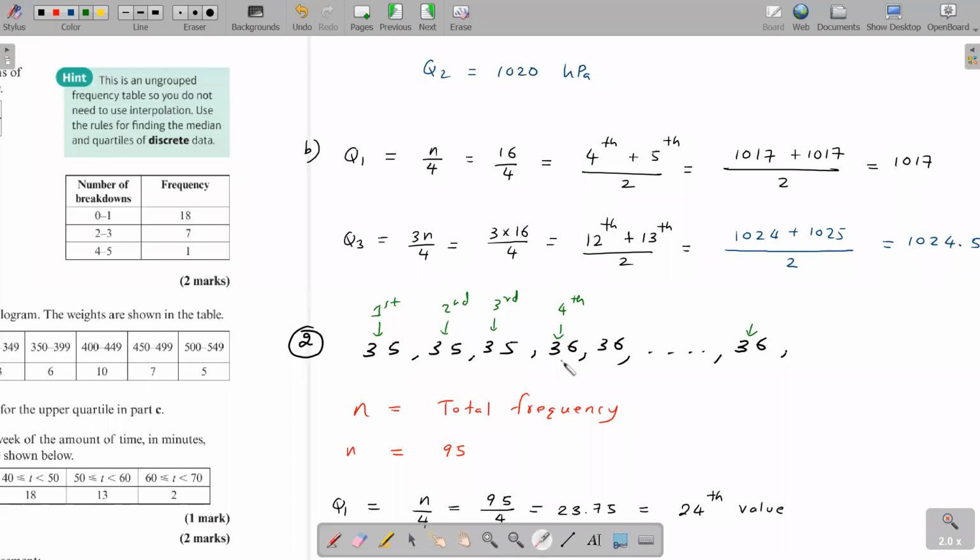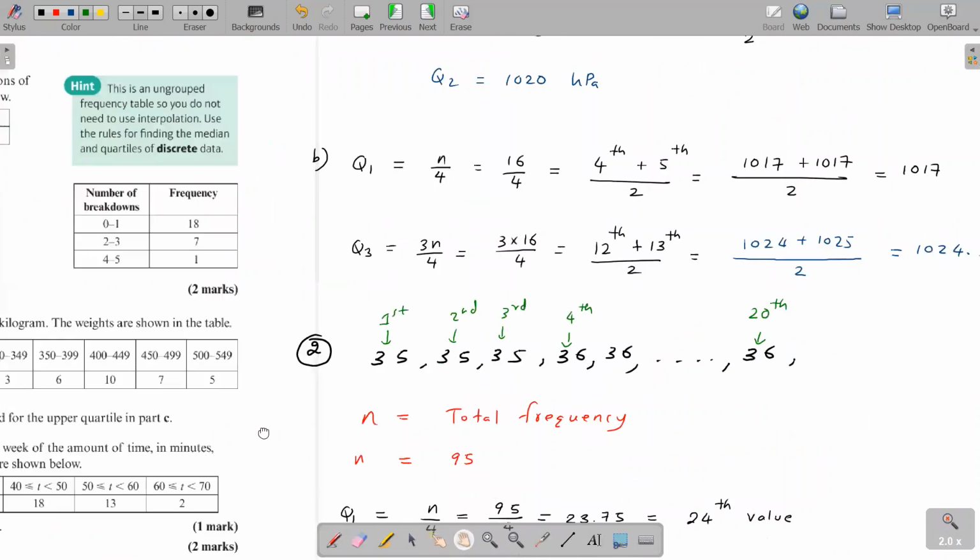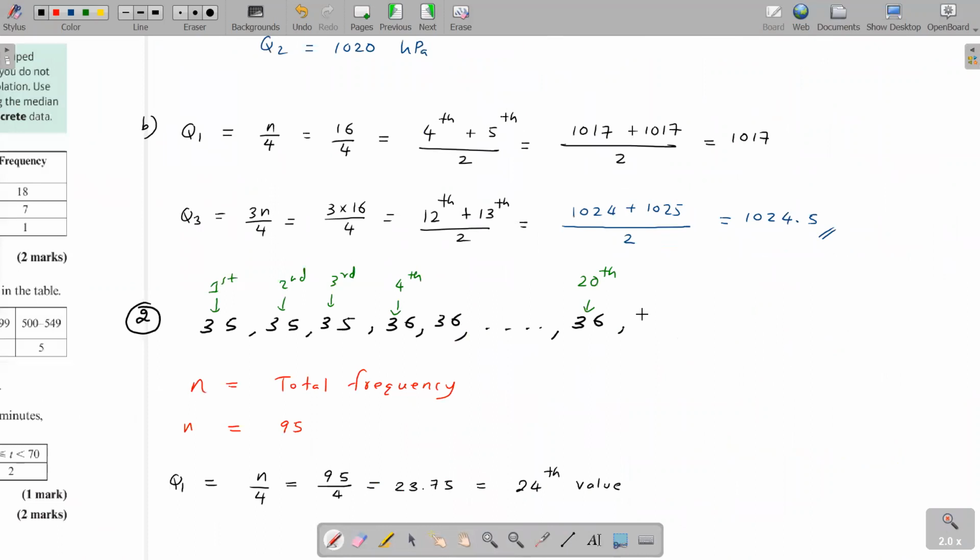Since 36 is repeated 17 times, you have 17 of 36s here and 3 more before. So 17 plus 3 is 20, so this 36 should be the 20th term, the place where we end. I hope you are following me. Then we have 37 repeating 29 times after 36 is over.